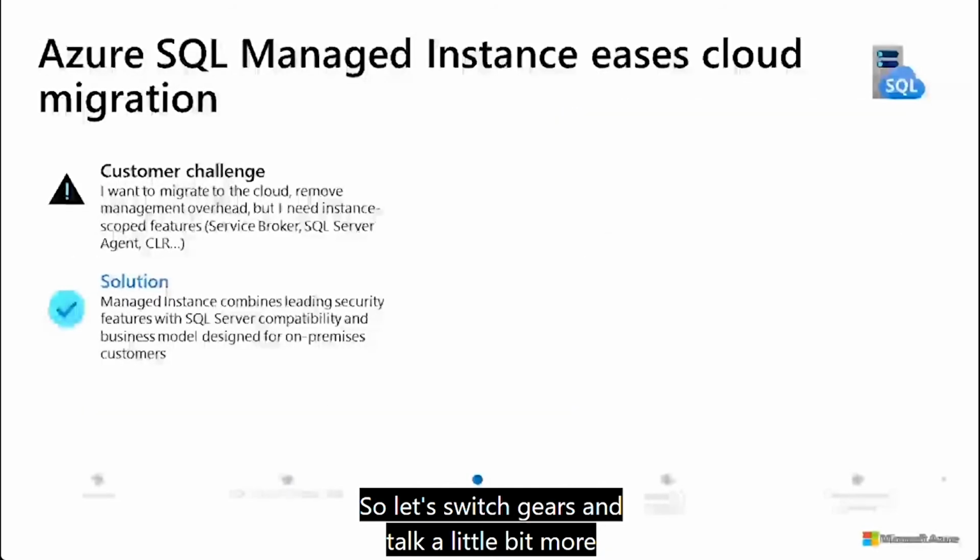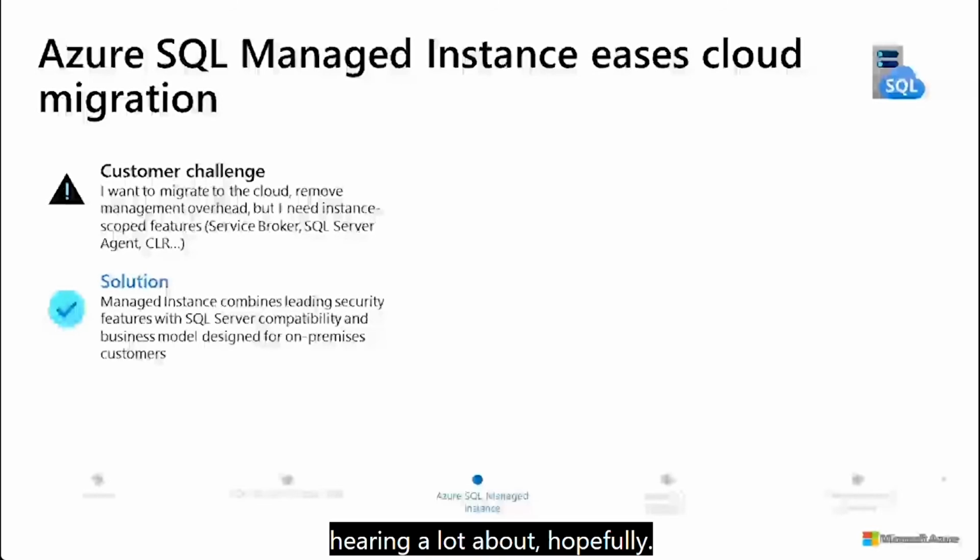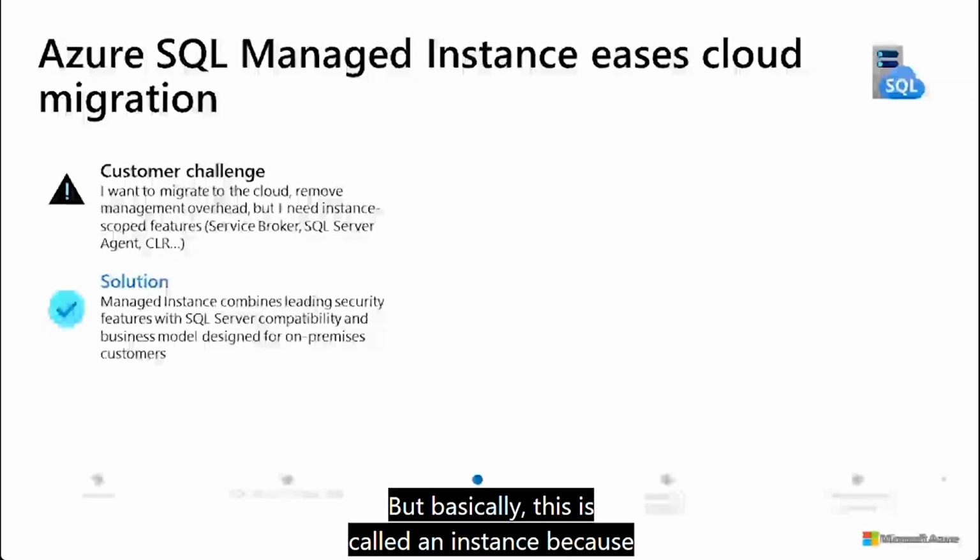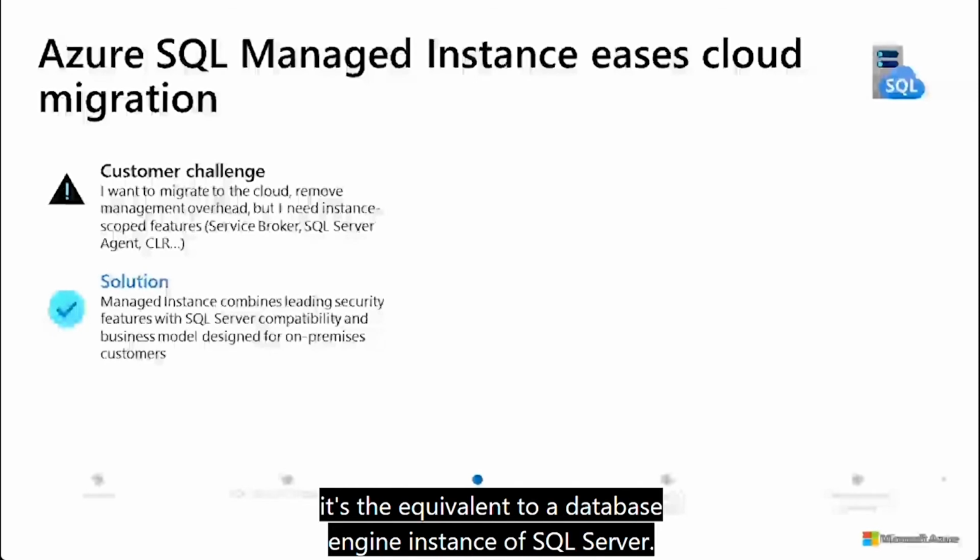So let's switch gears and talk a little bit more about the platform as a service type of capabilities. And the first one is Azure SQL Managed Instance. And this is something you've probably been hearing a lot about, hopefully. But basically, this is called an instance because it's the equivalent to a database engine instance of SQL Server.